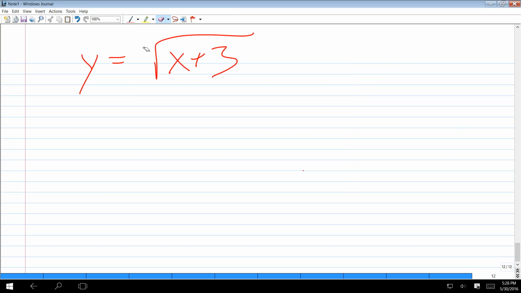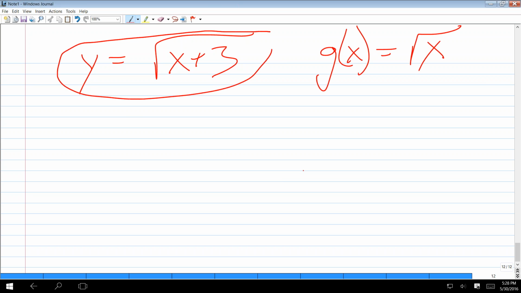So if I gave you this function, express this. In other words, if I told you g of x was the square root of x, then how would this be written in f of x notation? G of x plus 3? No, it would be f of x plus 3.